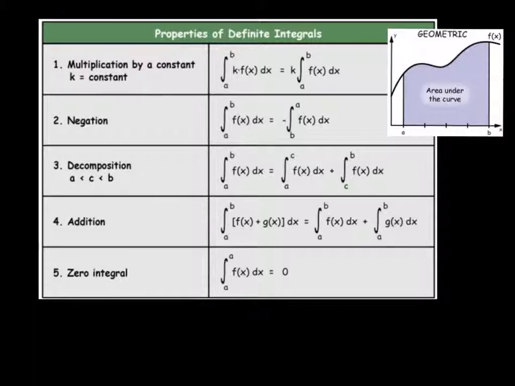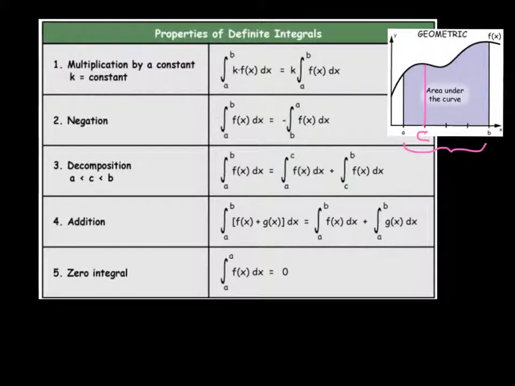So on our picture here, if I had a value C right here, the whole area under the curve from A to B is equal to the area from A to C, if that would be easier, added to the area from C to B. That would be the same as just finding the area all the way from A to B. Pretty straightforward, and again, common sense should make sense to you.